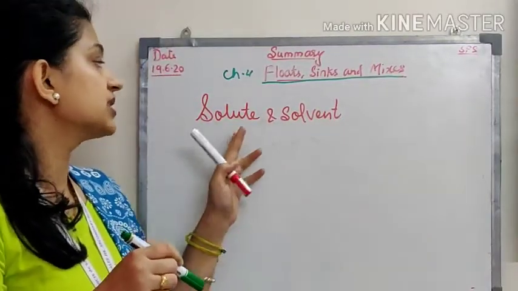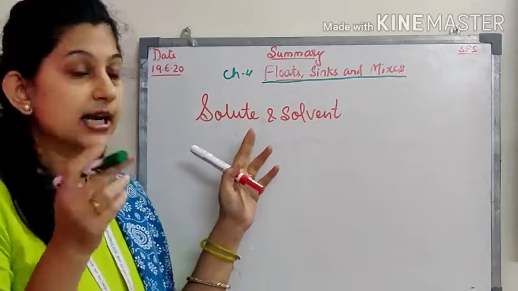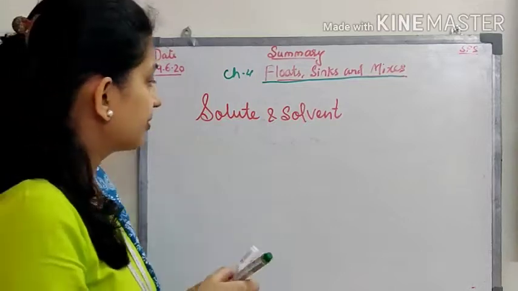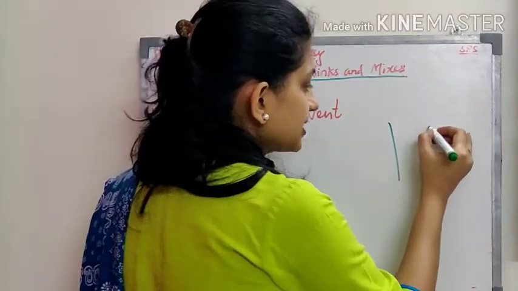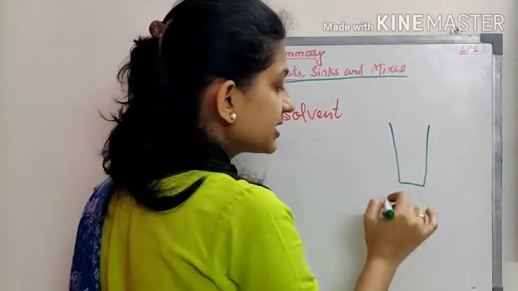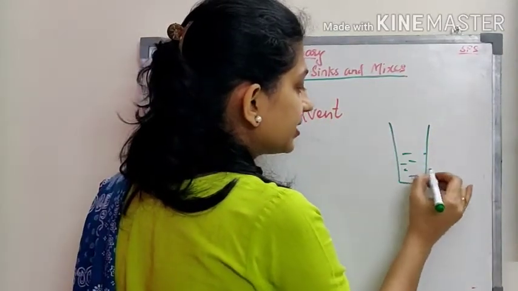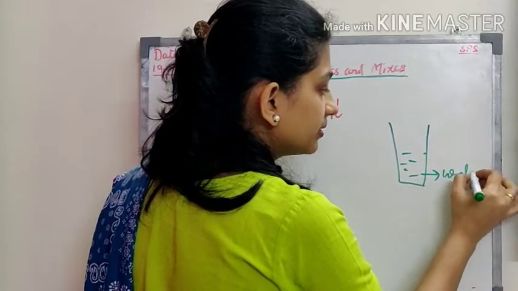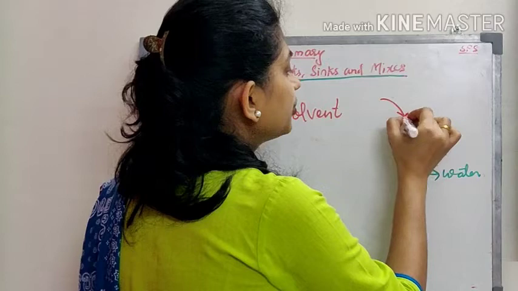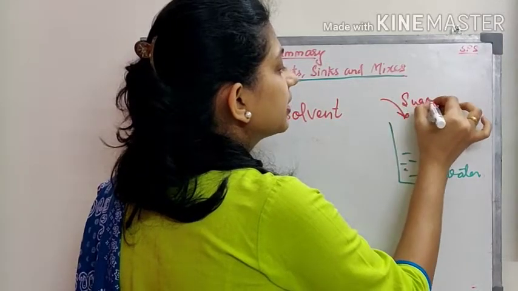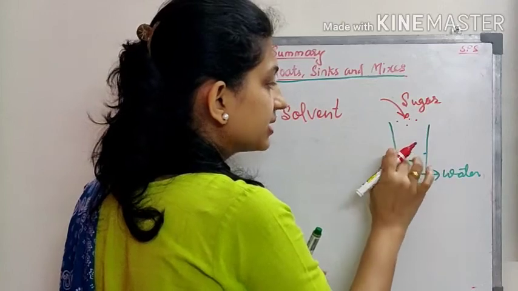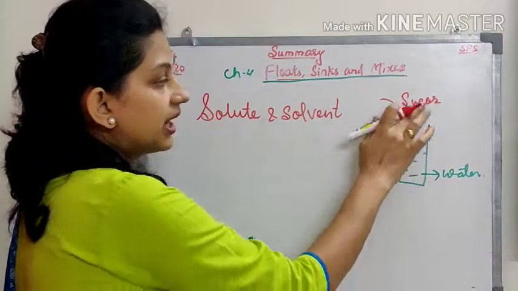Yes, we are going to revise all the major concepts, okay? The first concept of this chapter which we had started was solute and solvent. Let us start by drawing a glass of water like this. This is a glass and here this is water. I am going to add sugar particles here.